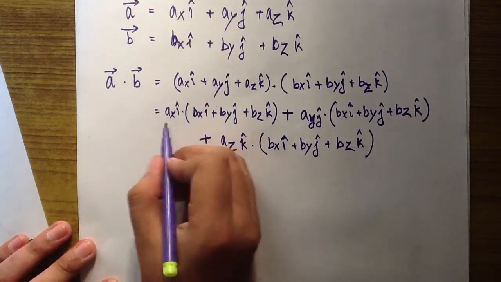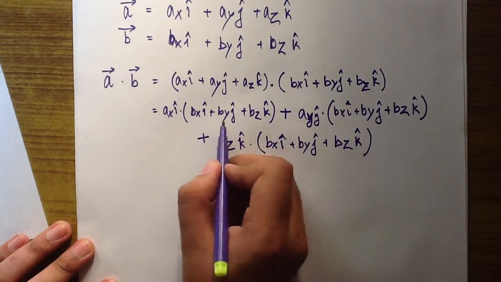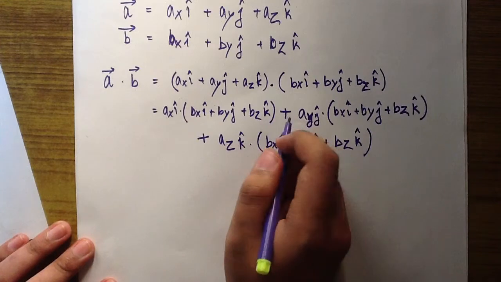Now we have to individually take the dot products of ax i cap with bx i cap, by j cap and bz k cap.